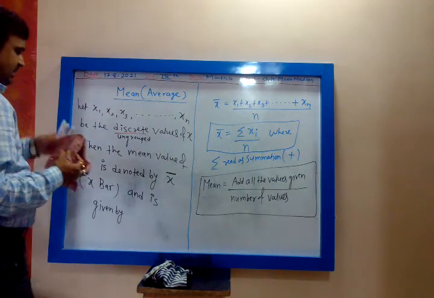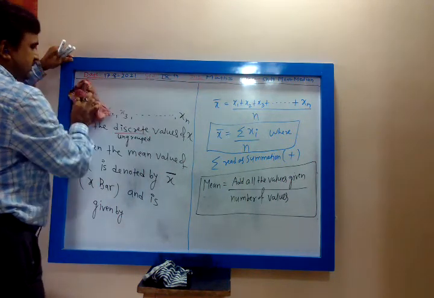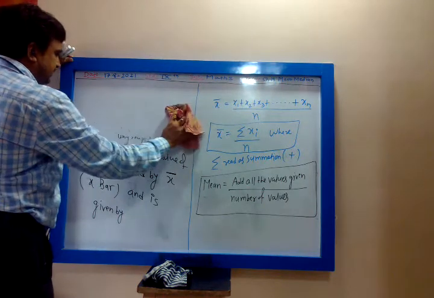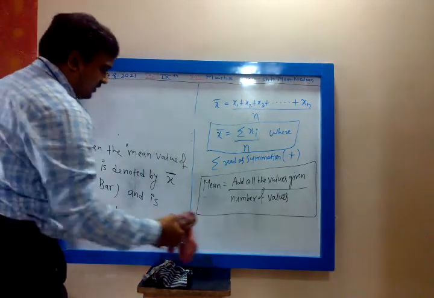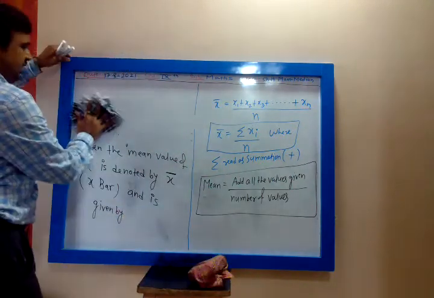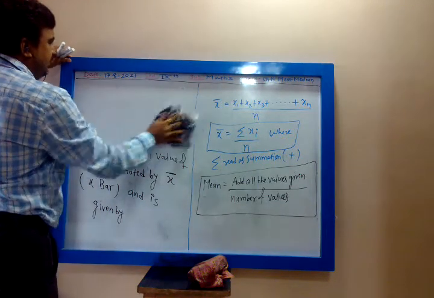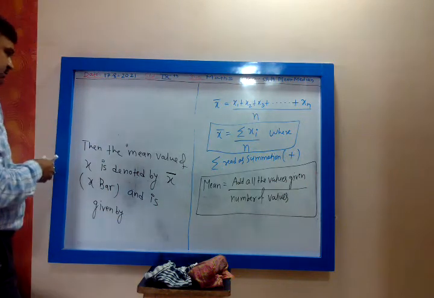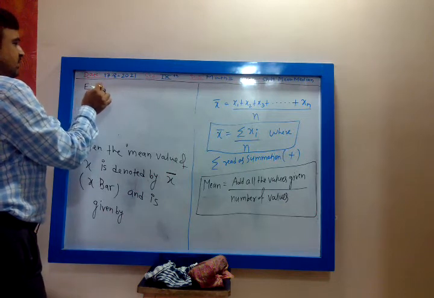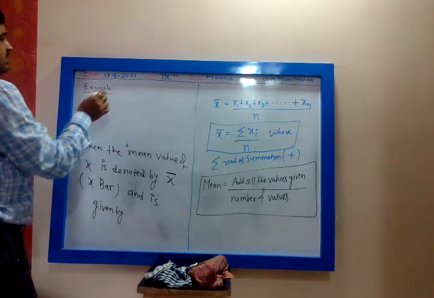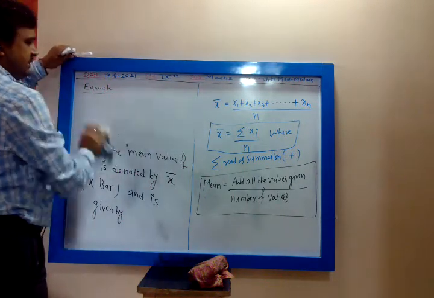For example, we can take an example, things will be clear. To find mean value, we add all the values given, and then we divide the total by the total number of values. For example, you are given the discrete values of x.